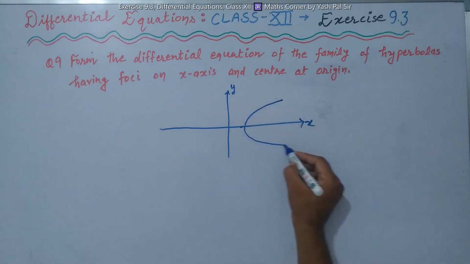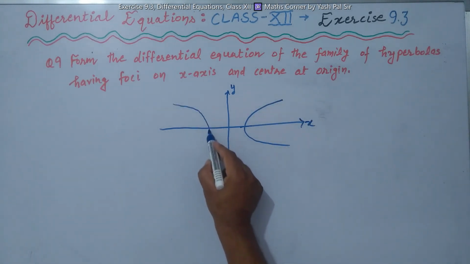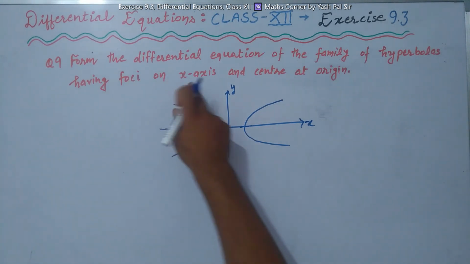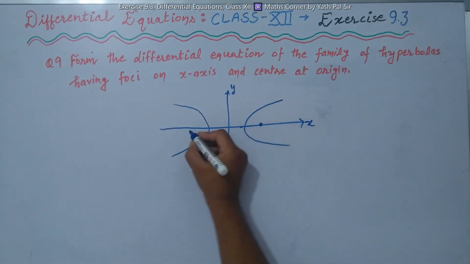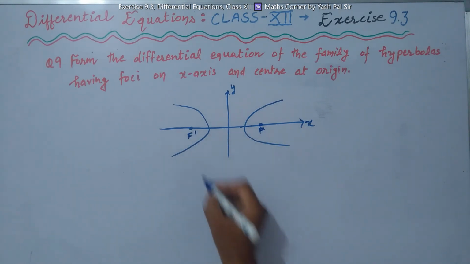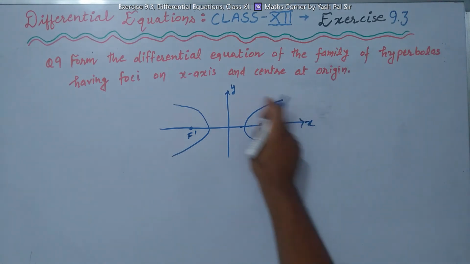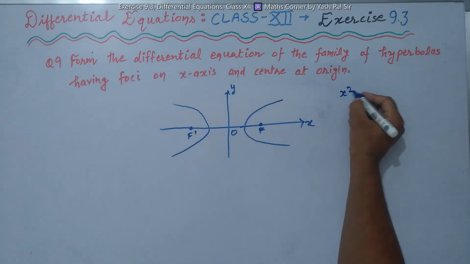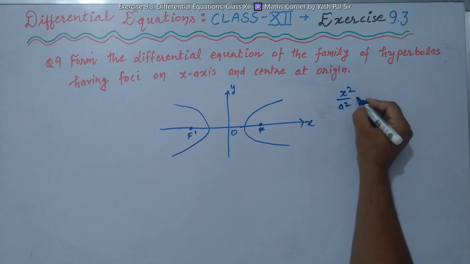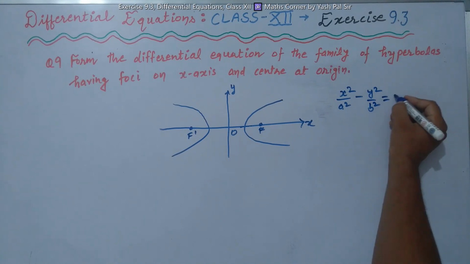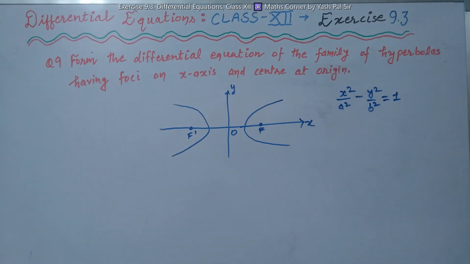So this is the hyperbola having foci on the x-axis. This is the foci F dash. So we know the equation of this hyperbola is x square upon a square minus y square upon b square is equal to 1. So now what is our next task?